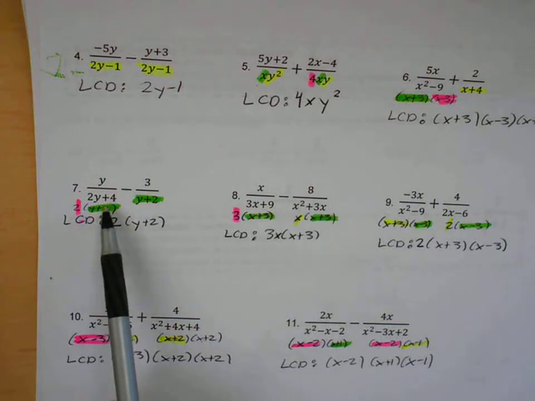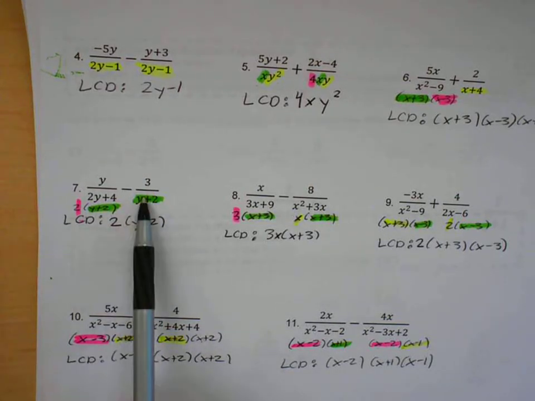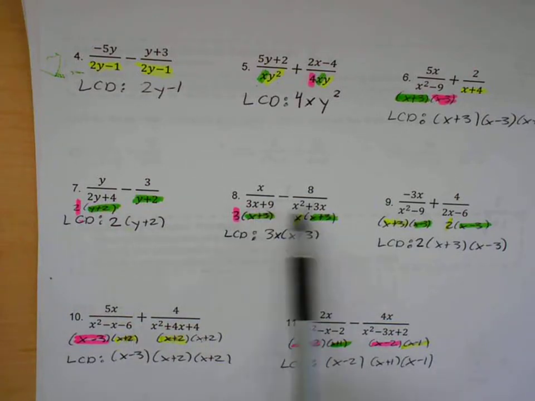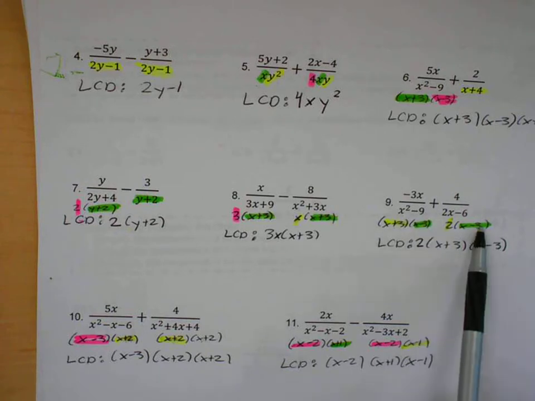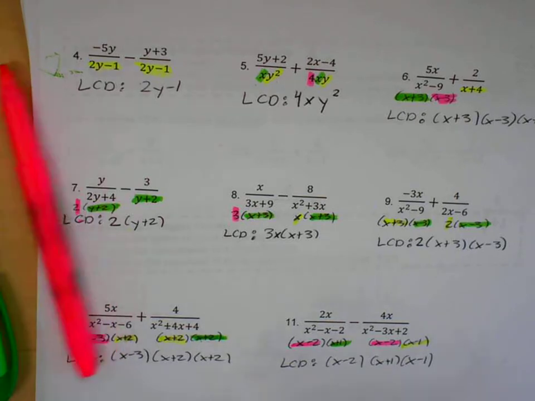Like here, I have 1 here for this fraction, 1 here for that fraction. They match up. I don't need to write it twice. 1 for this fraction, 1 for this fraction. They match up. 1 for this, 1 for this. But here, number 10 is different because I have 1 that matches up with this one here, but this x plus 2 doesn't have a match, so we do need to have 2 of them.